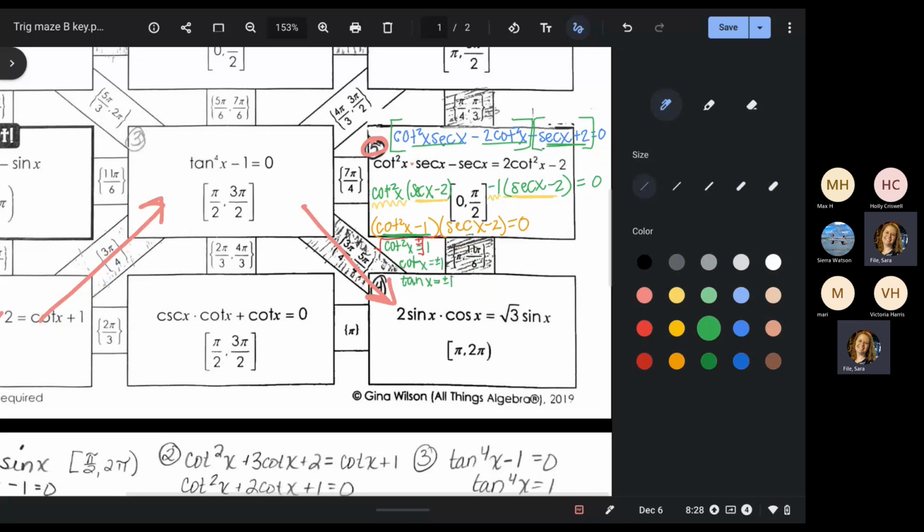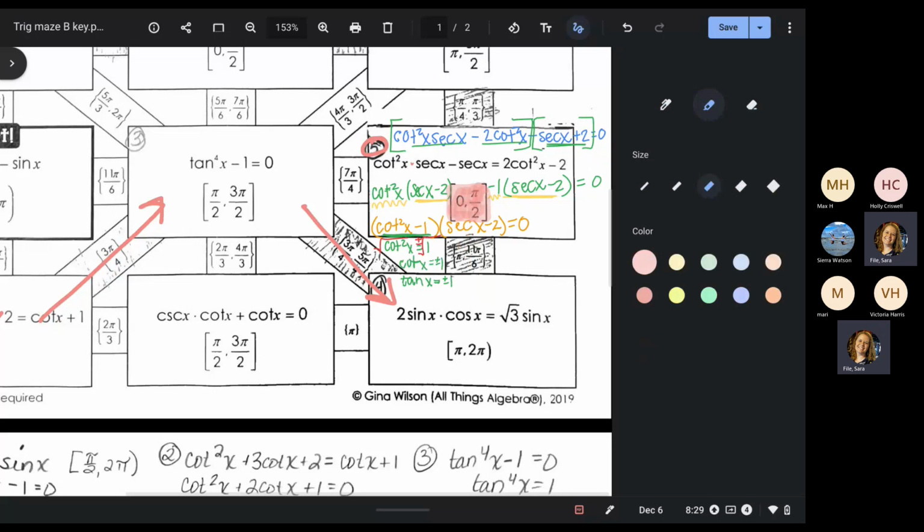And hopefully by now you know that that's at pi-fourths, or 45-degree reference angles. So the fact that it has the plus or minus in front means I'm going to give that solution from all quadrants.